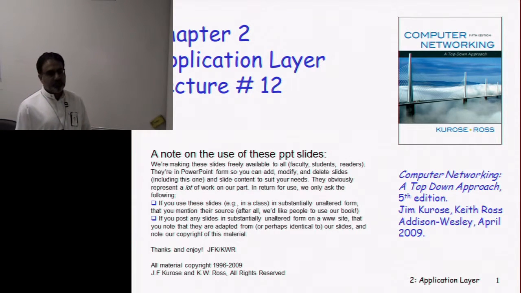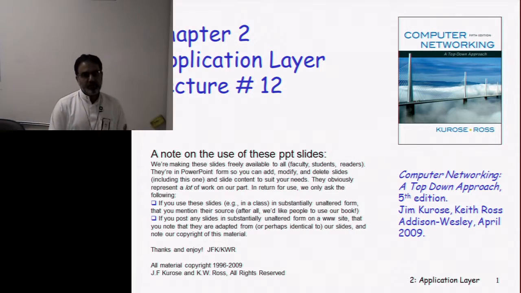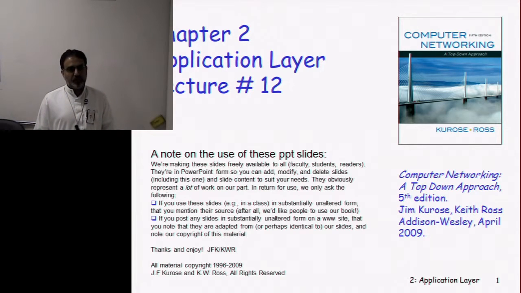In the last lecture we were discussing the working of the HTTP protocol, and how the web client contacts the web server with the help of the HTTP protocol on the web.